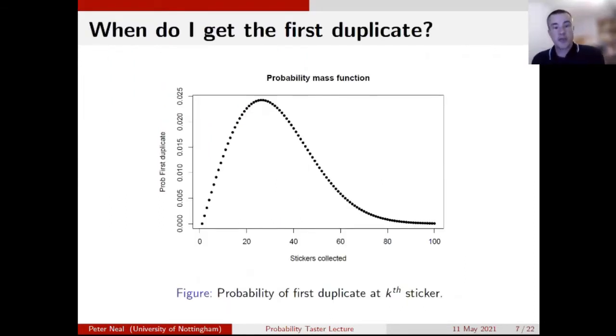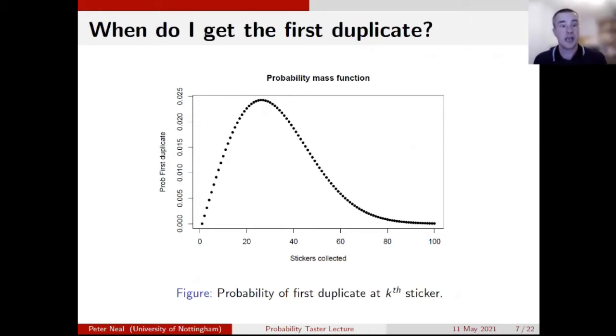So what we can then do is work this through, and it's quite straightforward then to work out what's the probability the first duplicate occurs at a particular sticker. So what we have here is a plot of the probabilities, and we can see if we look at the y-axis, these go from 0 to 0.025, so about 1 in 40.